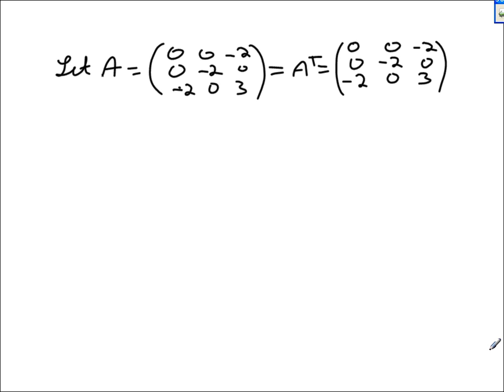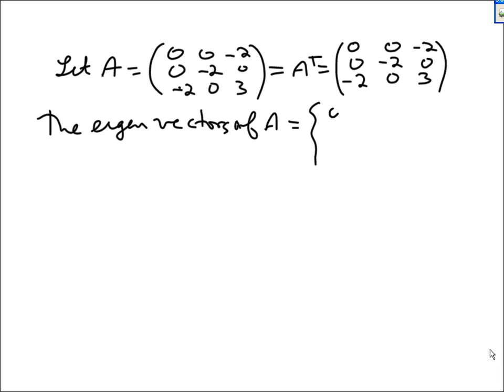A is symmetric. Now, we can spend time finding the eigenvalues and the eigenvectors, but I'm just going to tell you what the eigenvectors are. The eigenvectors of A is this set.